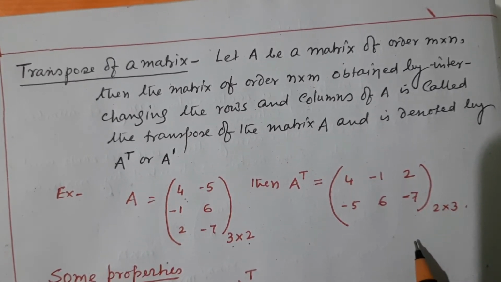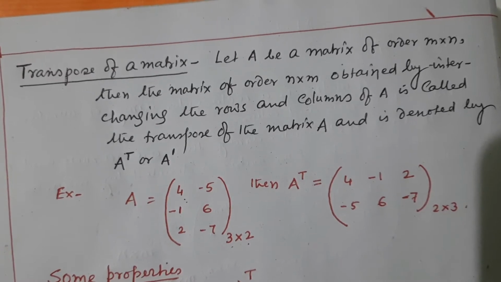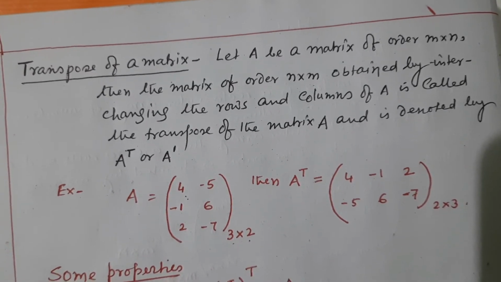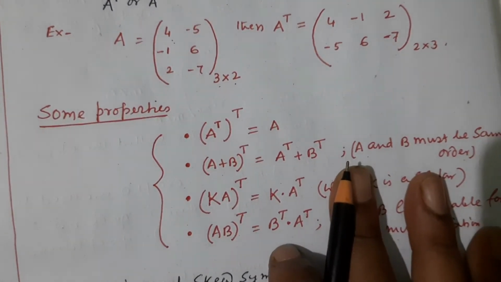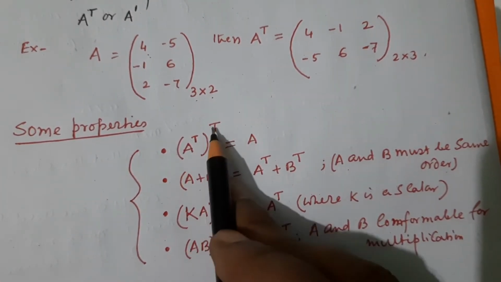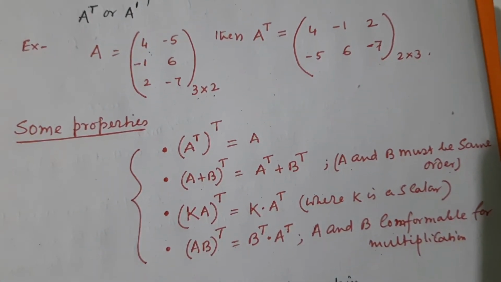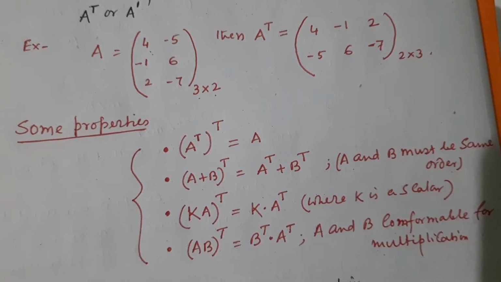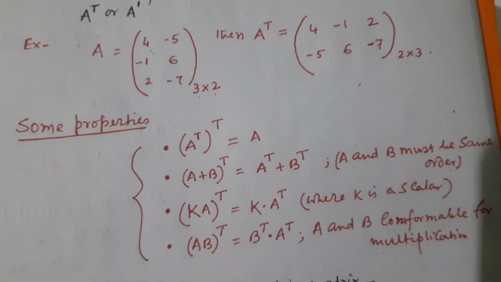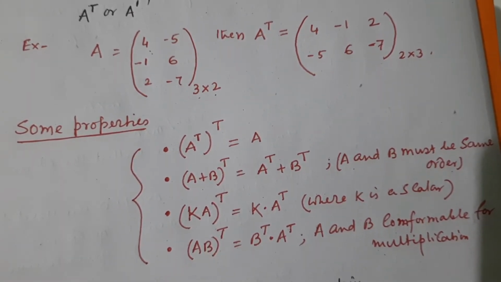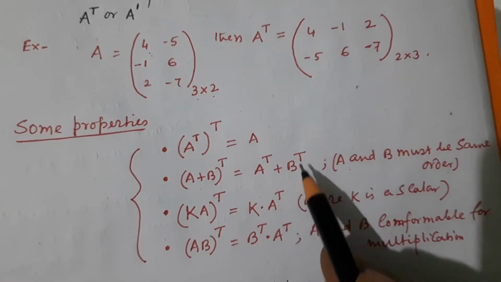Let us remember some properties of the transpose of a matrix. First, A transpose transpose equals A. Second, A plus B whole transpose equals A transpose plus B transpose.